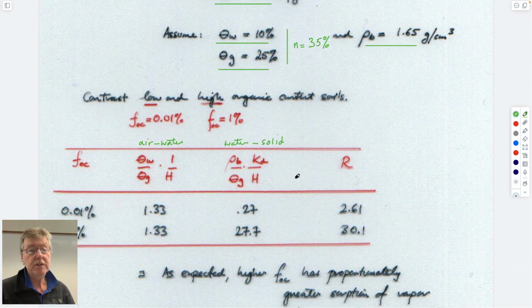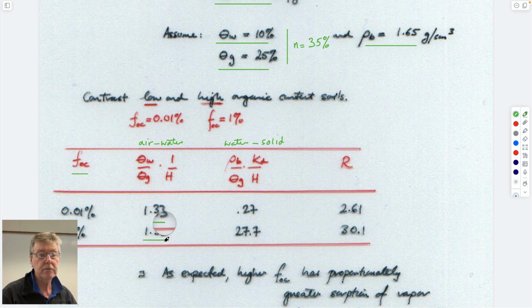And you calculate what the retardation coefficients are, then obviously the gaseous one, the air-water one, isn't controlled at all by the fraction of organic carbon, but the aqueous one is. If you calculate the retardation just due to the aqueous component, it's equal to 1.33.